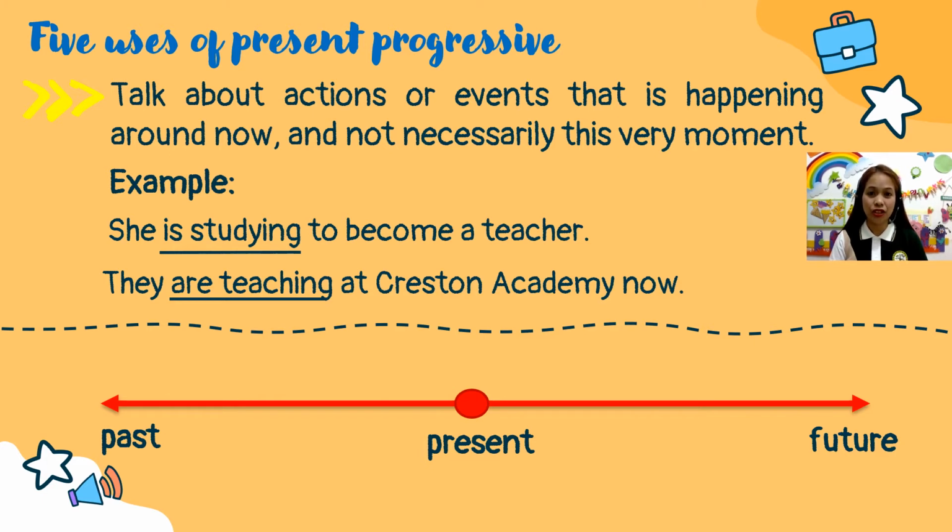In English, now can mean today, this week, this month, or sometimes we use the present progressive to say that we are in the process of doing a longer action, which is in progress. However, we might not be doing this at the exact time. Alright?